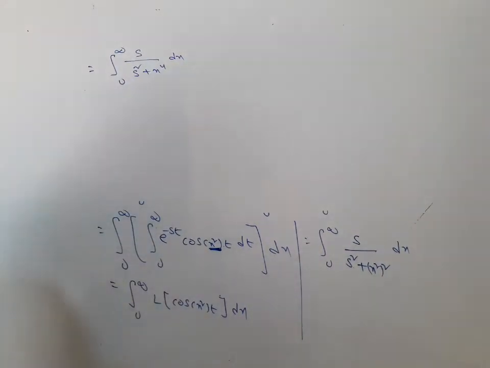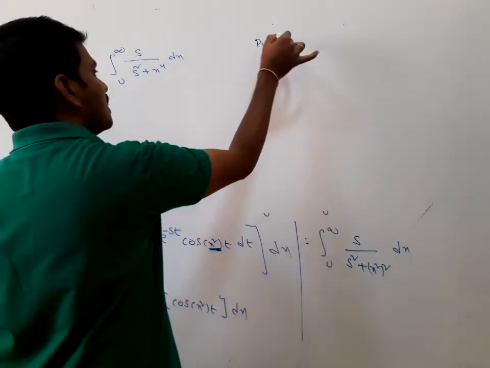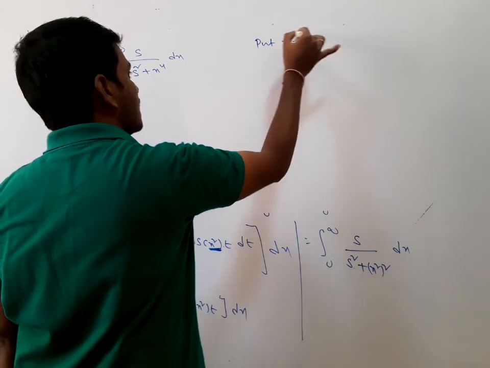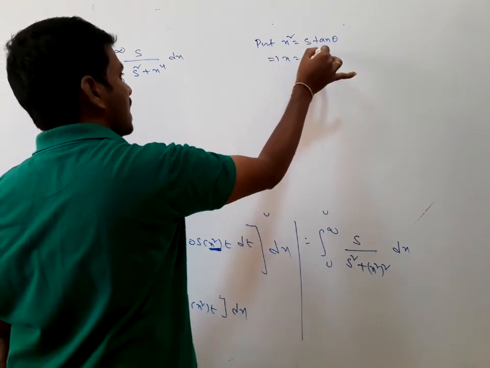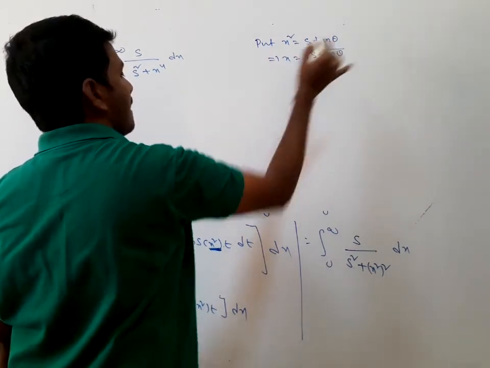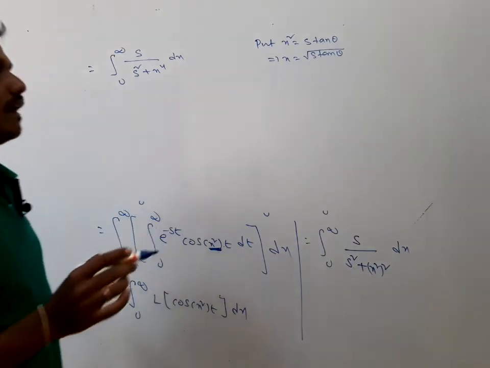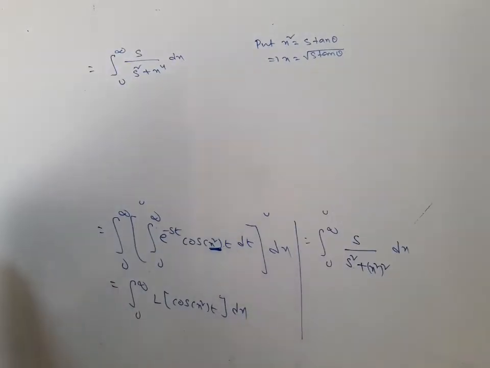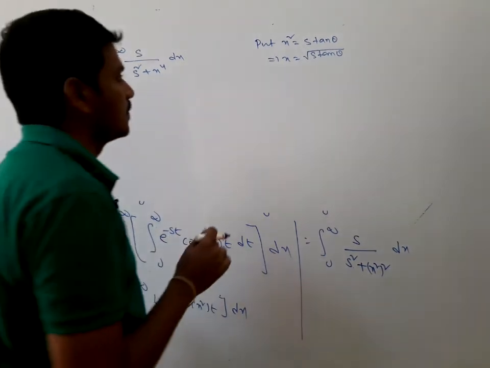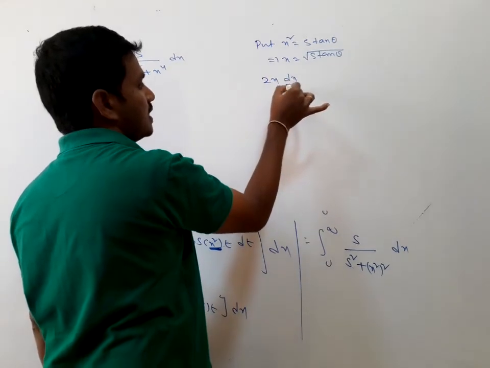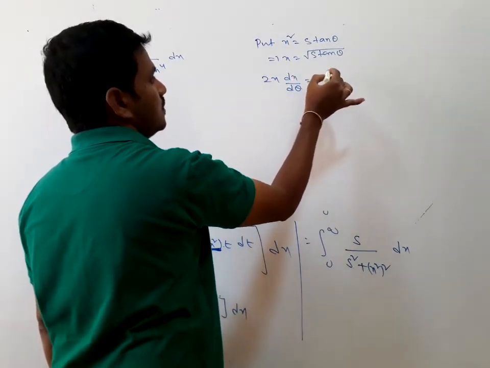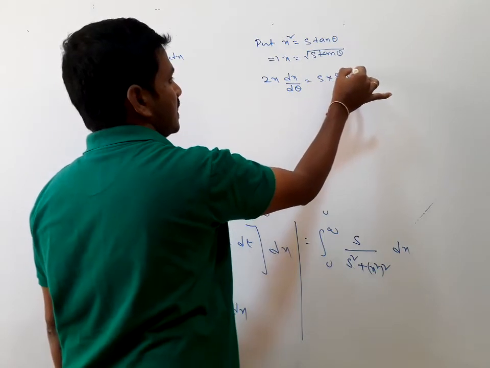Now to evaluate this, I am going to take one substitution here. Put x square is equals to s tan theta. That implies x is equals to root s tan theta. Right, dx by d theta is equals to what? Differentiating with respect to theta, 2x dx by d theta is equals to s into tan theta derivative is secant square theta here.